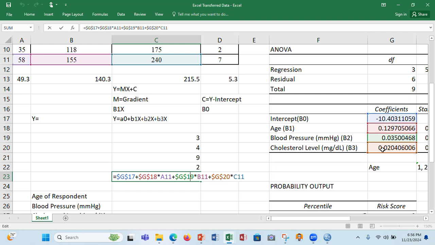So we say this 10, this is the alpha or beta naught, plus beta 1 times x, where beta 1 is 0.29.